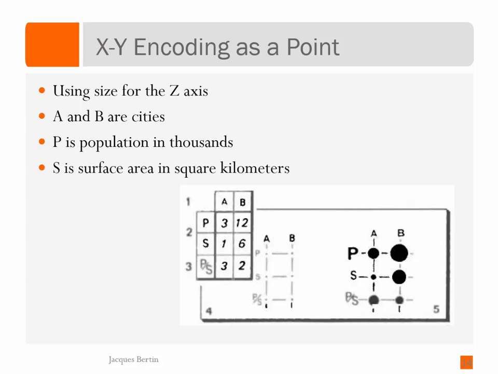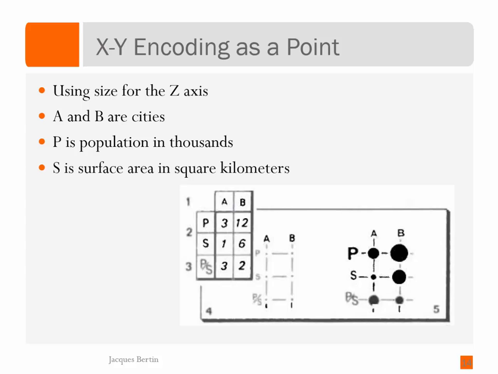So let's walk through what is represented in the data table here. We have two different cities, A and B. And then we have essentially three different measures. The first measure is population. So we see there's two different populations, one for A and one for B.